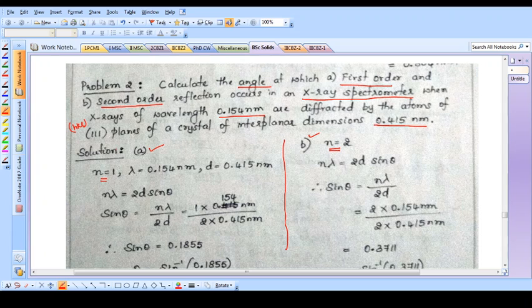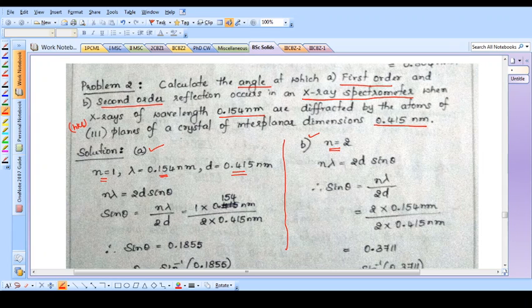Remaining things are the same for both part A and part B. They are the wavelength of X-ray, lambda, 0.154 nanometer, and the distance between 111 planes is given. It is 0.415 nanometer. What you are supposed to find out?